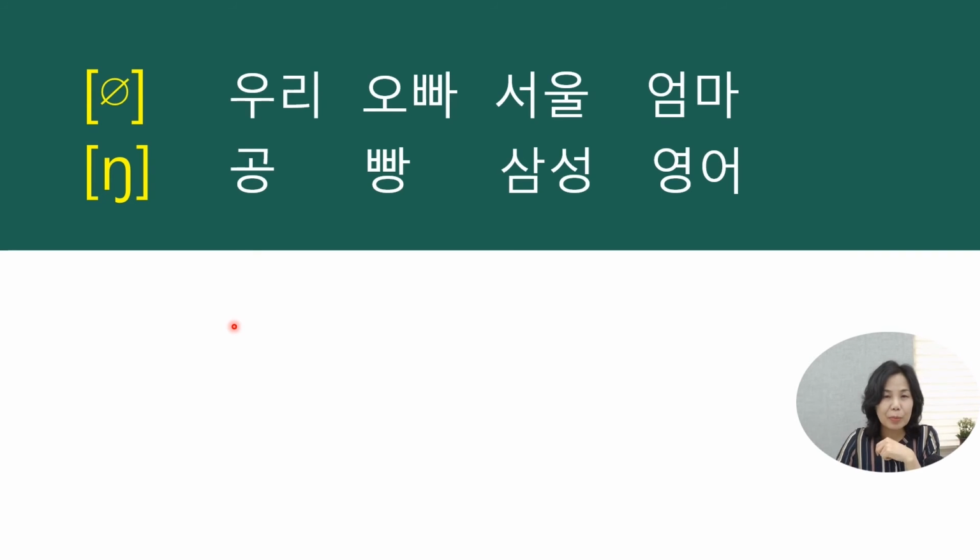Let's practice the sound of ㅇ used as a space holder in the beginning and ㅇ in the end. First, as a space holder, that means it's silent, no sound. 우리 is we, and 오빠 is older brother, and 서울 is familiar.